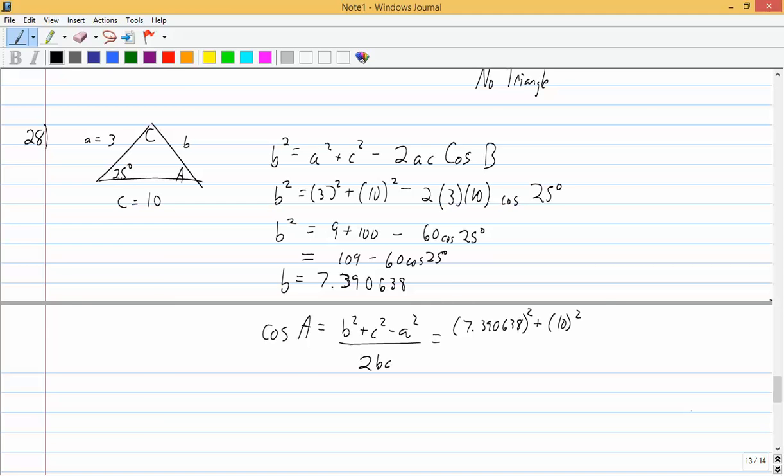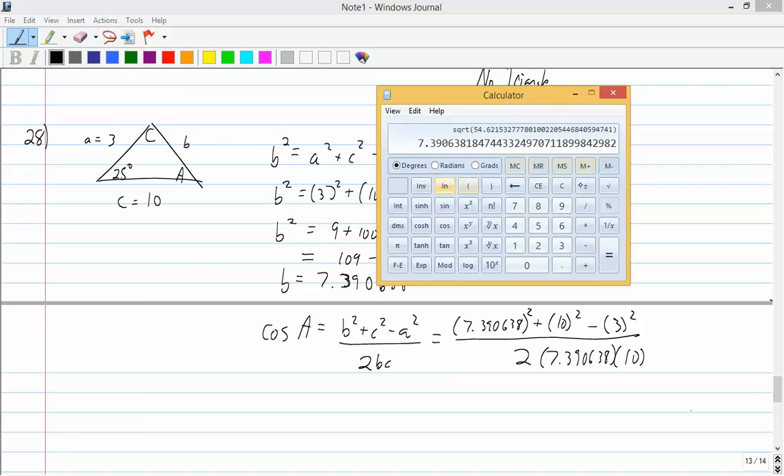So that's plus 10 squared minus 3 squared all over 2 times 7.390638 times 10. Alright. So 7.390638 squared plus 10 squared is 100 minus 3 squared is 9.